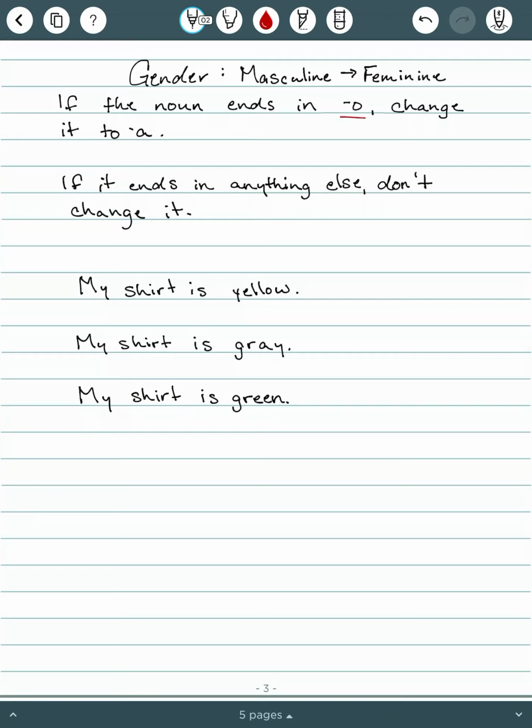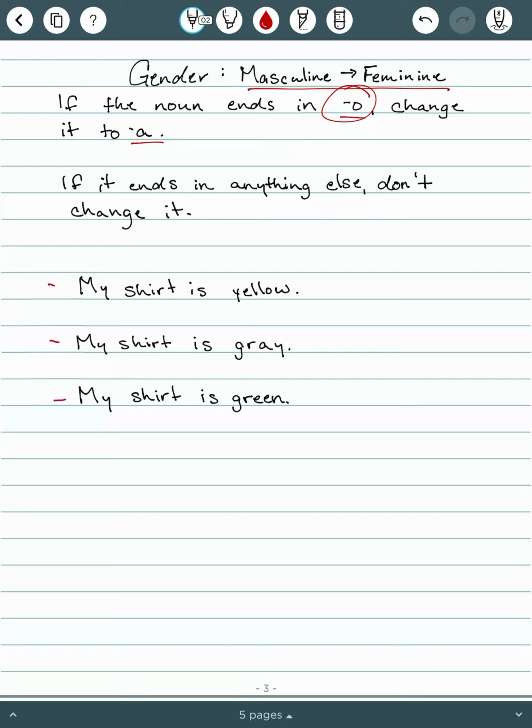So if you need to change that adjective and make it feminine, if it ends in an O, the basic word, like rojo, blanco, negro, then you're going to change it to an A to go with your noun. If it ends in anything else, like a Z or an R or a Q or anything, you're going to leave it alone.